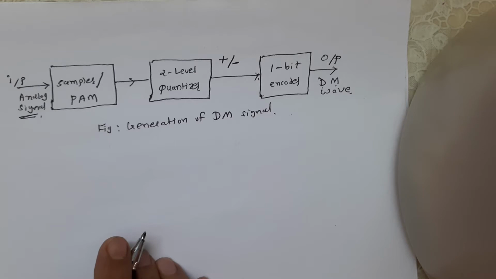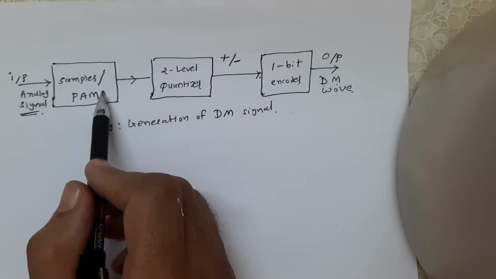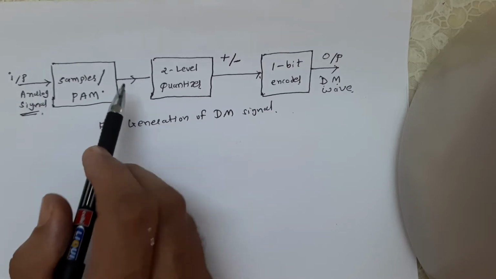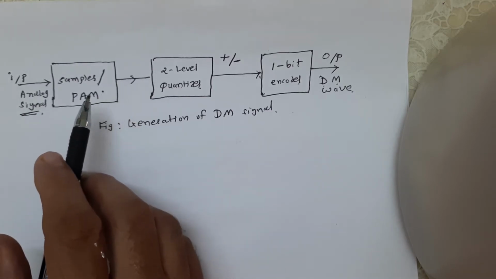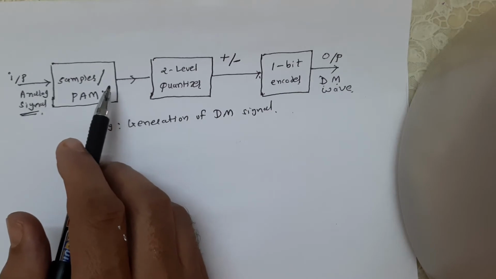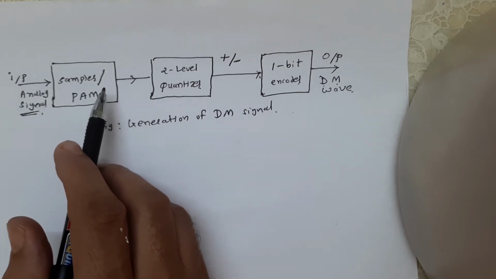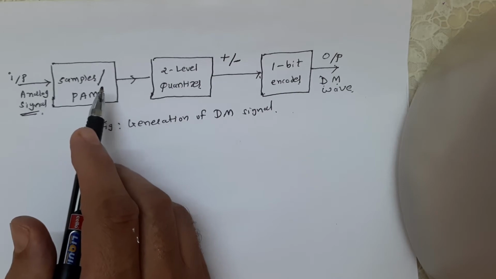Now from the figure, the sampler block remains the same as in PCM, pulse code modulation, except that the sampling frequency is much higher than in the PCM case. According to the principle of delta modulation, the quantizer needs to discretize the amplitude value by referring to the previous value and say whether it is larger or smaller.